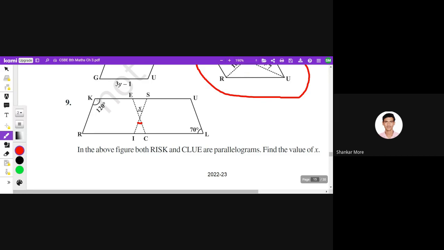Yeah, I hope it was clear for everyone how we found it. हमने कैसे इसे फाइंड किया, ठीक है? तो पहले हमने इस पैरेललोग्राम को कंसीडर किया, ये एंगल्स निकाले, बाद में हमने इंटीरियर एंगल्स निकाले, और then we considered the triangle and then we found the value of x. So x is equals to 50, and that was the last question for today.